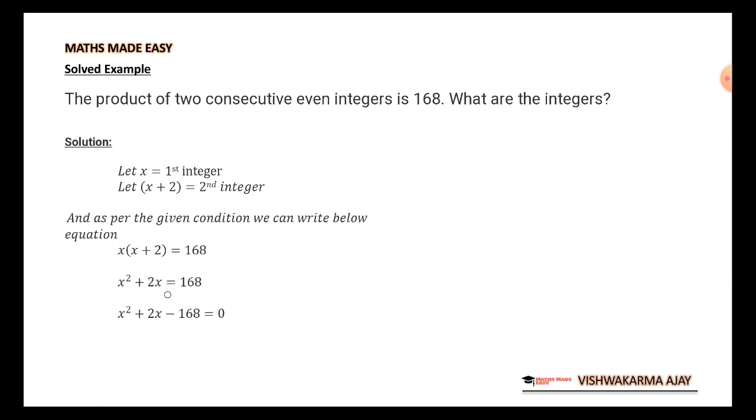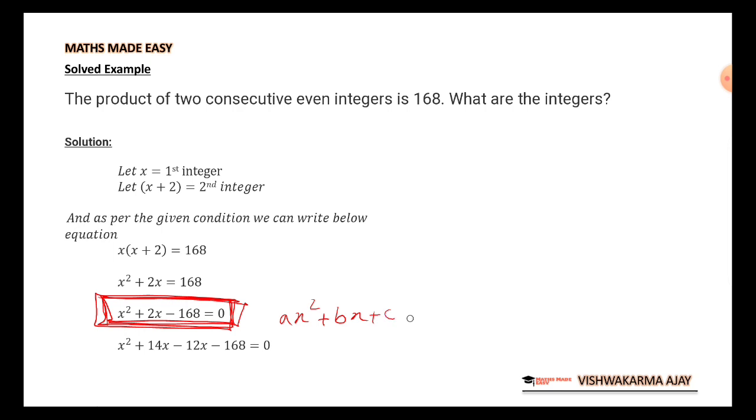Now, just a rearrangement of this equation, I am going to get this 168 to the left hand side. That's why it's becoming minus 168. Now from here I'm going to solve it how I prefer. There are various ways to solve after this. This is a quadratic equation of the form ax square plus bx plus c is equal to 0.